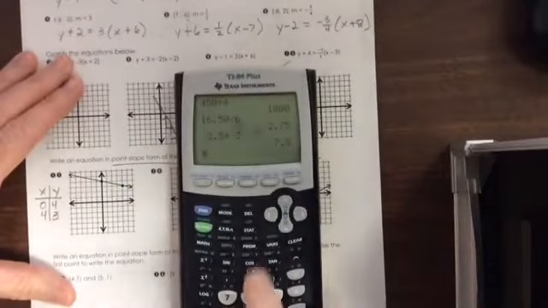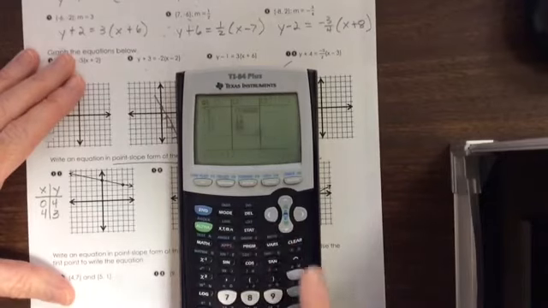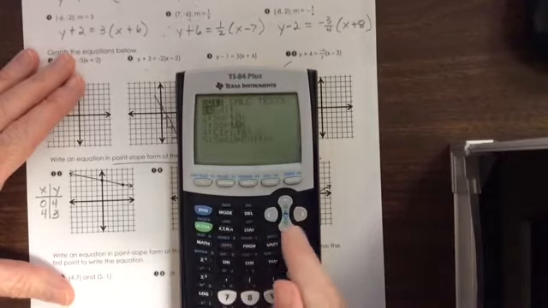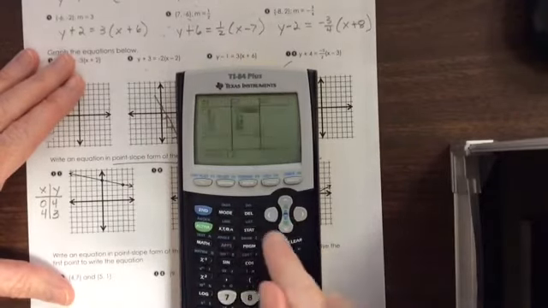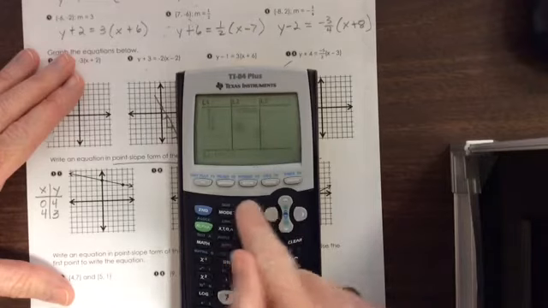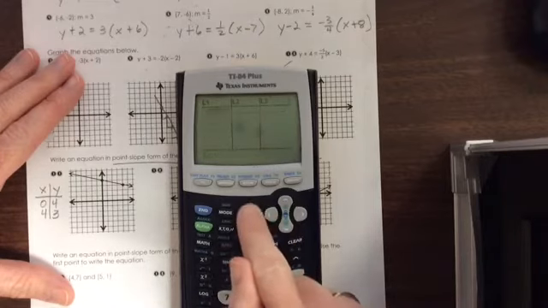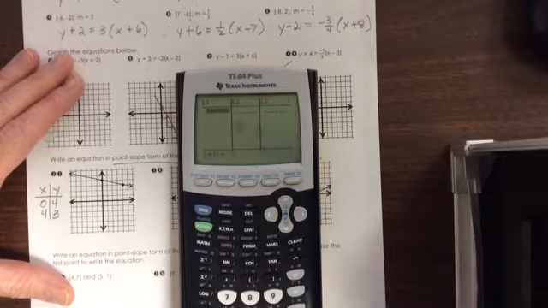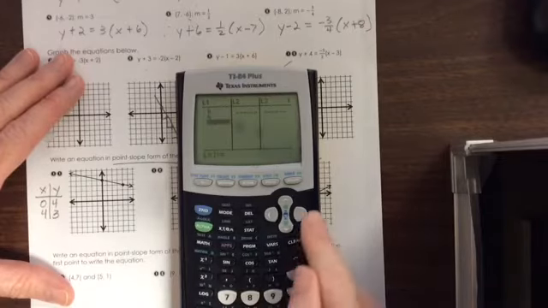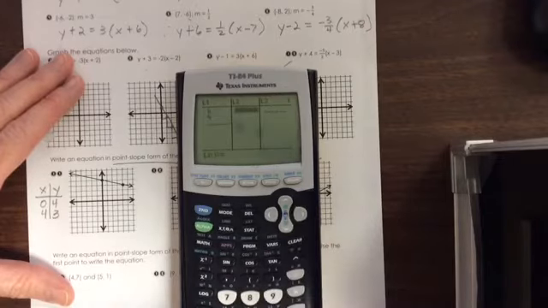Let's put that in our calculator. Stat, enter. Let's delete this. Whoops. Over here, and let's put 0, enter, 4, enter. Let's tab and put 4, enter, 3, enter.